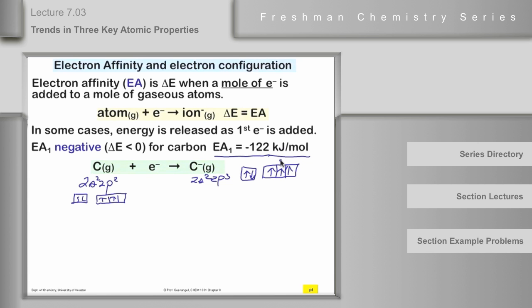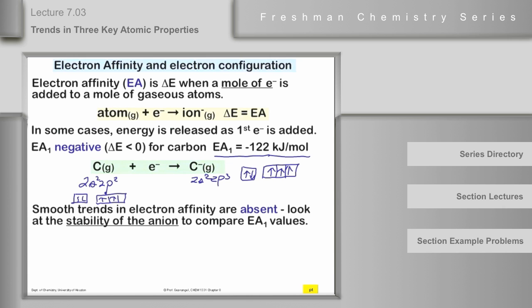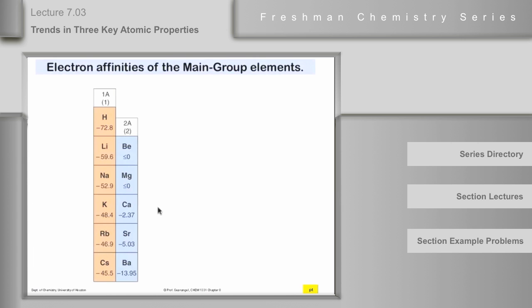And that proves that its electron configuration is more stable than the 2s2, 2p2 configuration. So the smooth trends are absent. We look at the stability of the anion to compare electron affinity values. And the last thing I'll tell you is the second electron affinity is never negative. It's always positive.